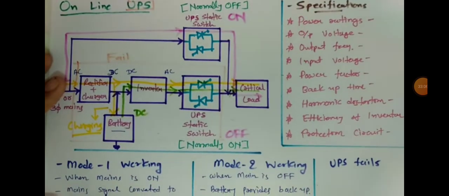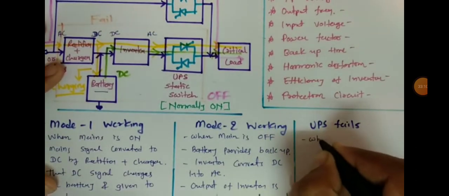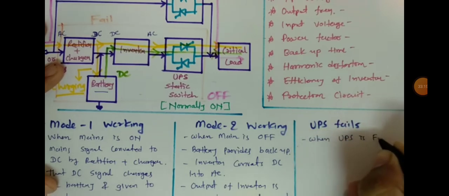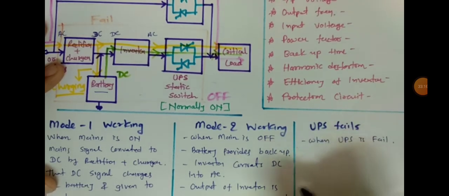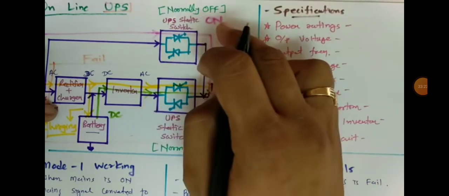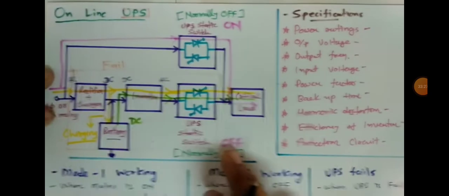So what if the UPS is getting failed? When the UPS fails, at that time the switches are getting triggered. So the normally off switch is getting on, and the normally on switch is getting off.